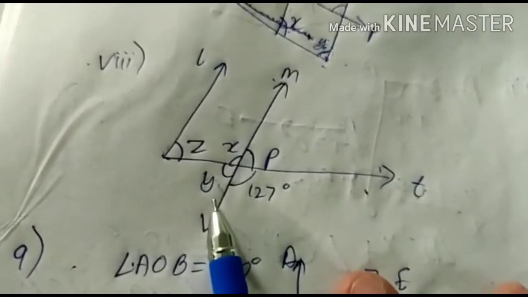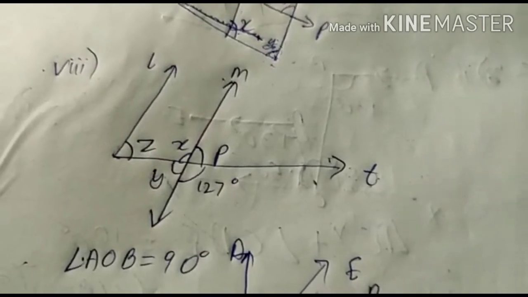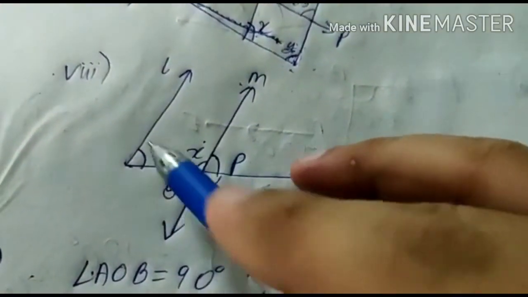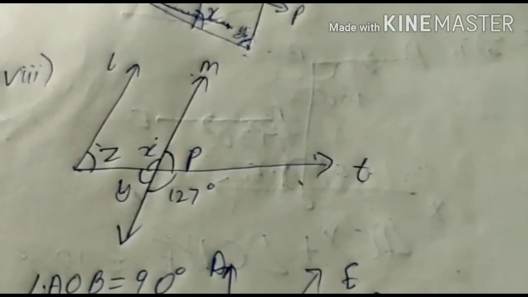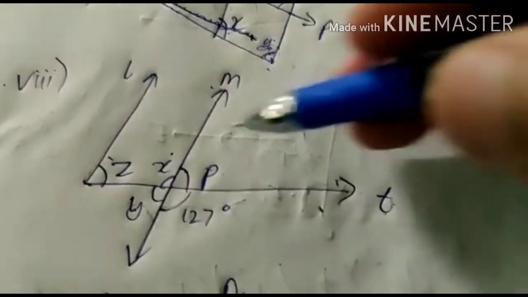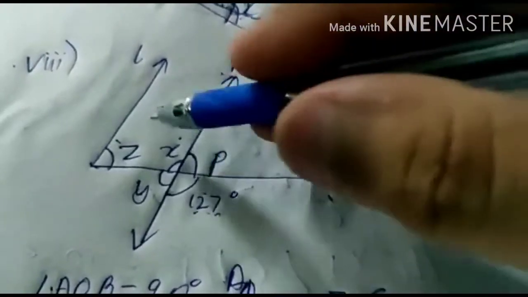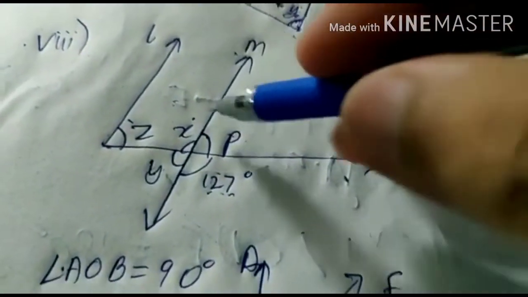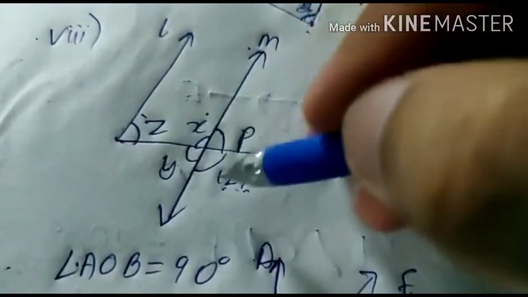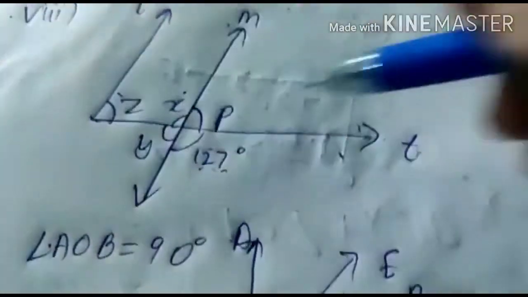In the 8th part of question number 8, we need to find the values of x, y, z and p. So here, x and 127 degrees are vertically opposite angles. They are made on the two intersecting lines, that is M and T. These are opposite angles to each other, made on different arms.